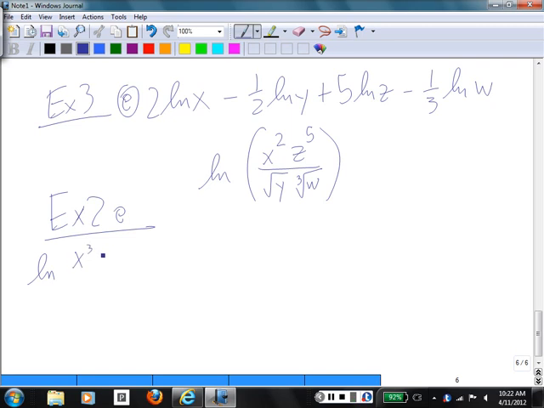X cubed times the square root of x squared plus 5 over x plus 14 quantity to the 7th. Can you completely expand that in one step?